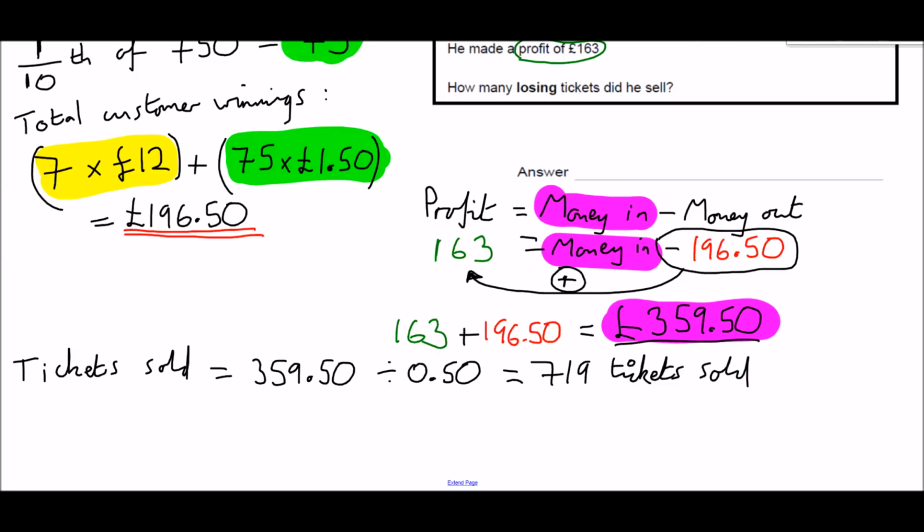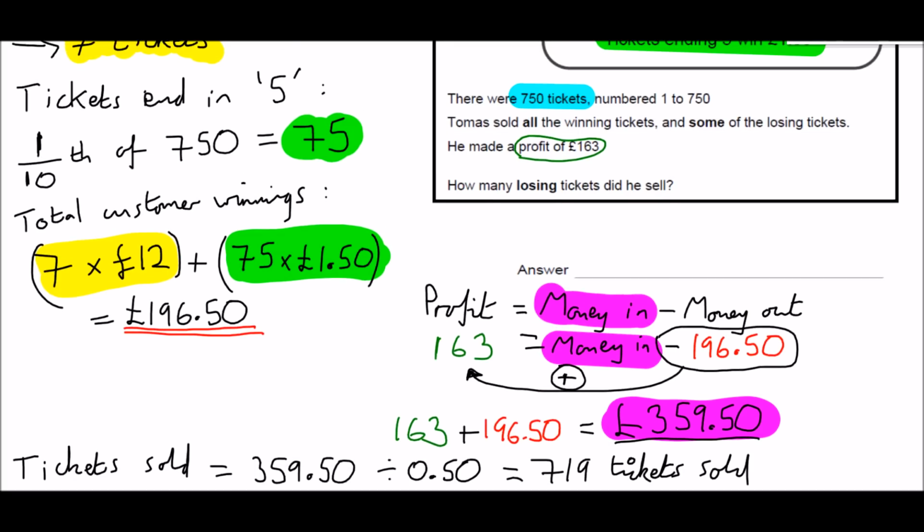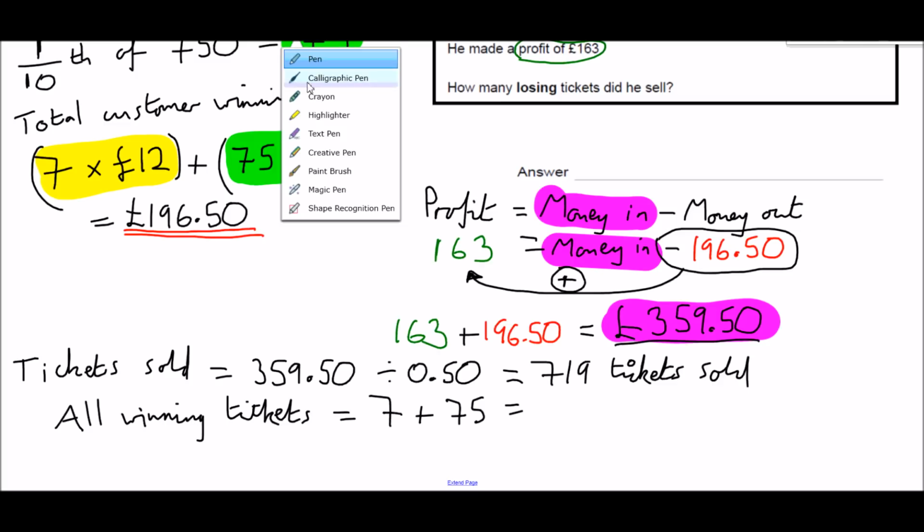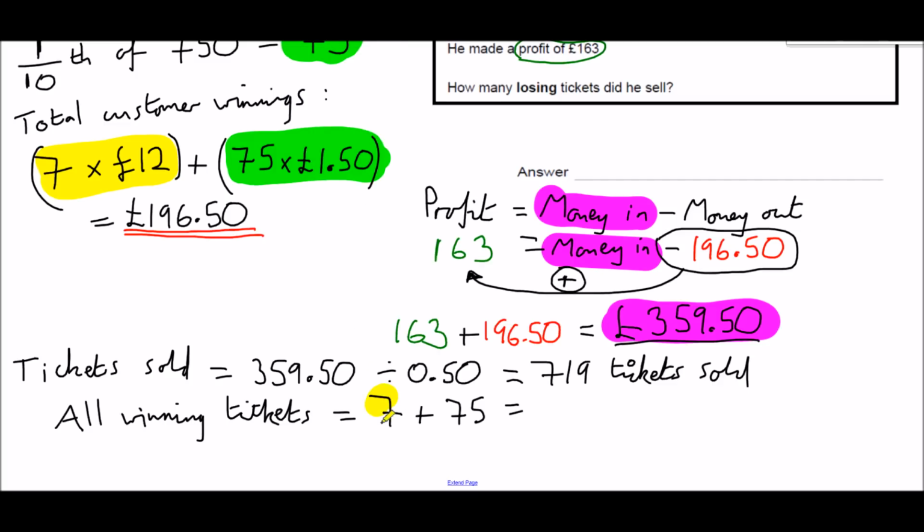Now, what it says here is that he sold all the winning tickets and some losing tickets. So all winning tickets, well, there are 7 tickets ending in a 0, and there are another 75 which ended in a 5. So the total of the winning tickets is 7 plus 75, which is 82.